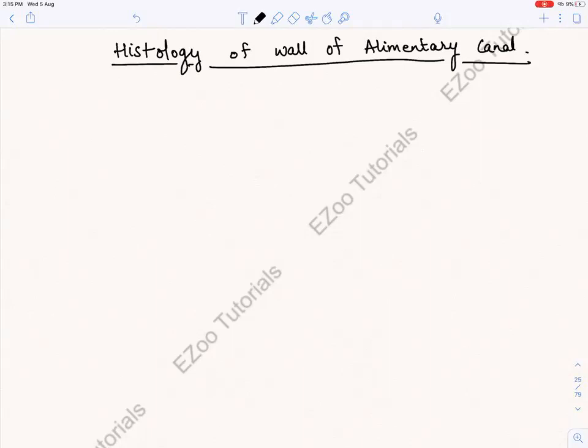So generally, if we see, the wall of alimentary canal is a four layered arrangement of tissues, right? So let us see what are those four layers. First is serosa, and we are going towards the lumen, okay?